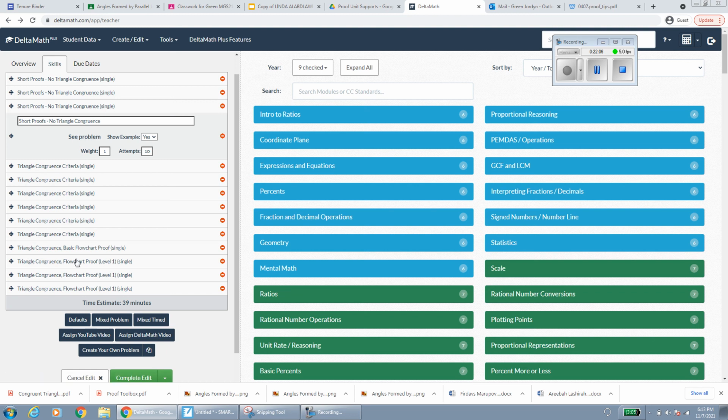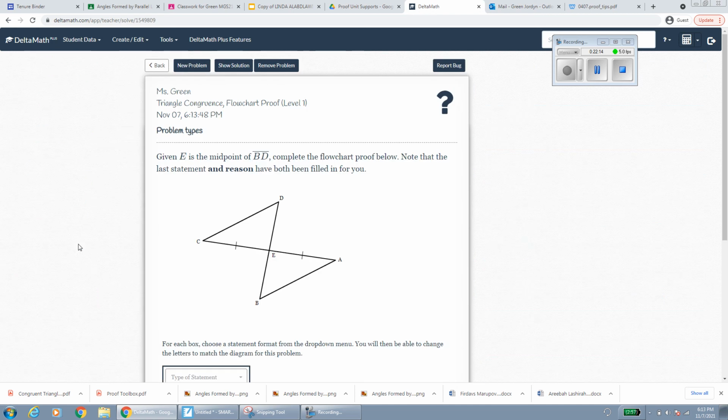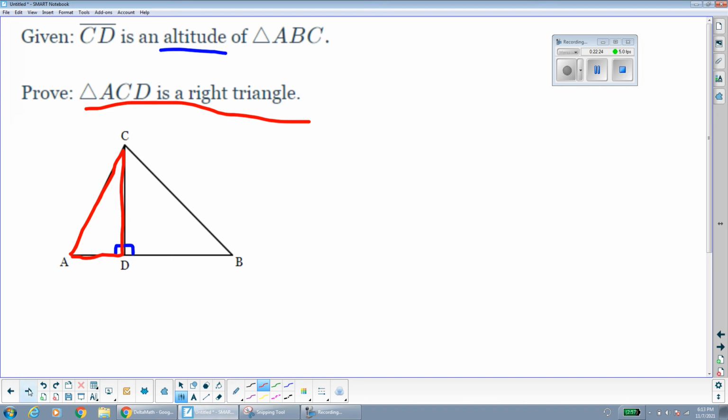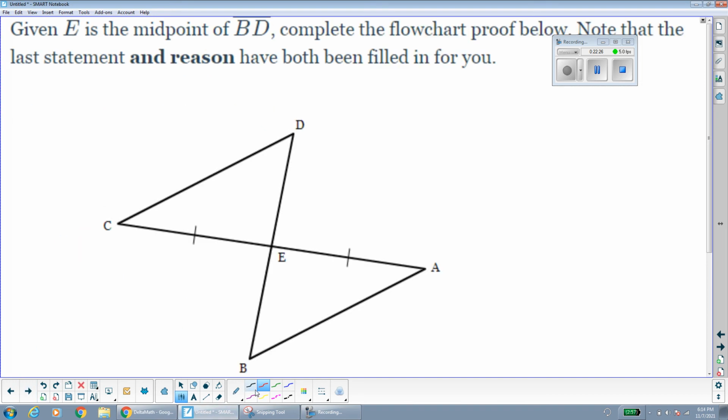So I want to go over the triangle congruence flowchart proofs now. So it's going to be the last 3 questions on Delta Math. So let's take a look at this first one first. So they tell us that E is the midpoint of BD. And I don't think we know anything else. So let me take a look over here so we can put in the information together.